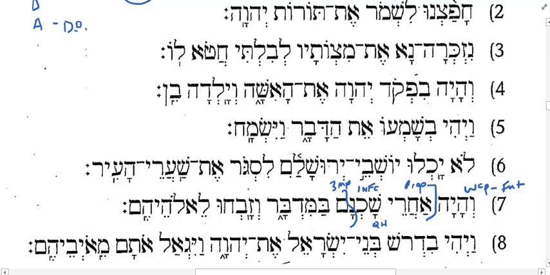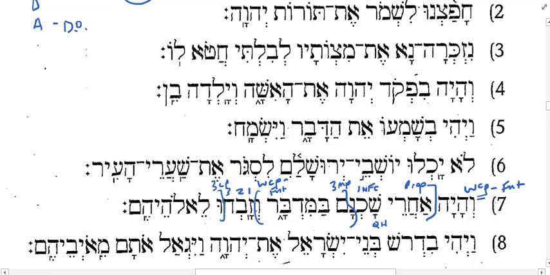V'zavachu. Here I have what looks like a perfect with a 3CP personal ending, but I also have a Vav in front, and I started with a WCP. So this is probably a WCP form, and that's going to be future as well. So after they dwell in the wilderness, they will zavach.